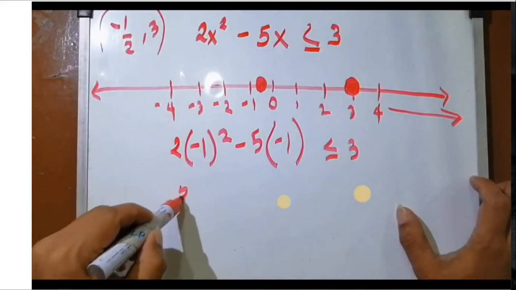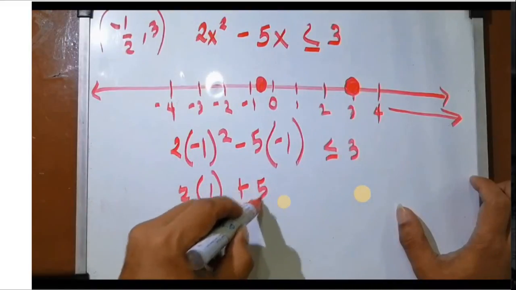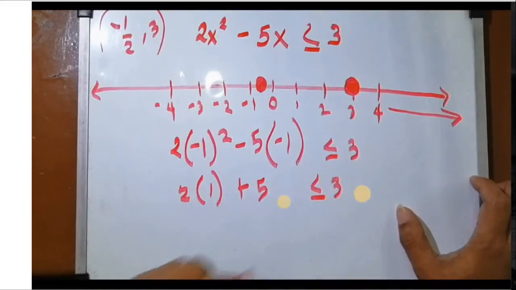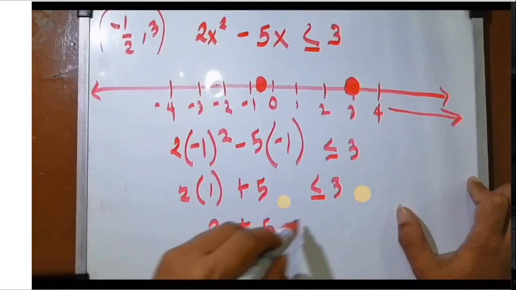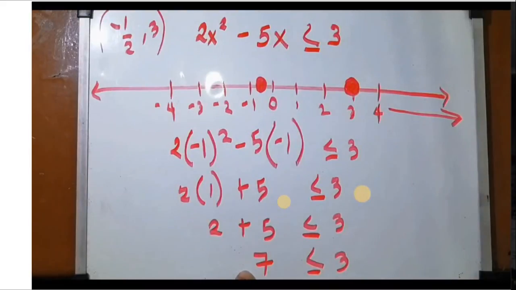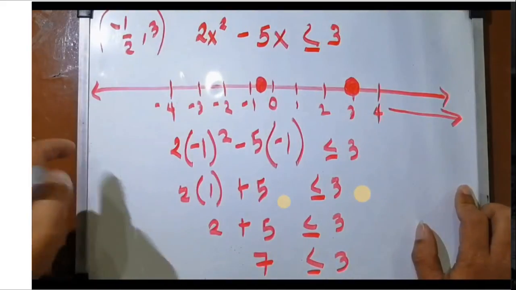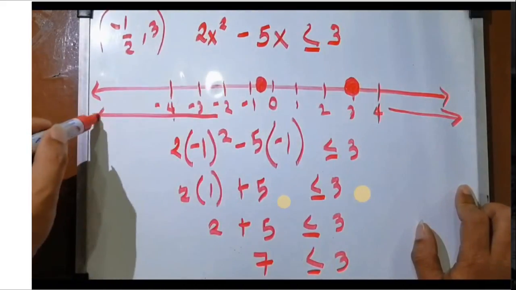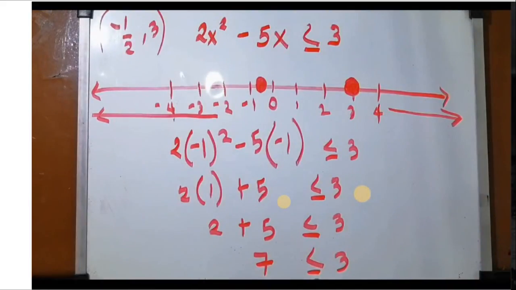So, here, 2 times 1 plus negative 5 times negative 1, I have 5, less than or equal to 3 ba siya? So, 2 plus 5 is 7. So, 7 is less than or equal to 3. So, false. Ibig sabihin, lahat ng number dito, papuntang negative infinity, ay hindi kasama sa solution. Again, hindi kasama sa solution kasi nag-false.